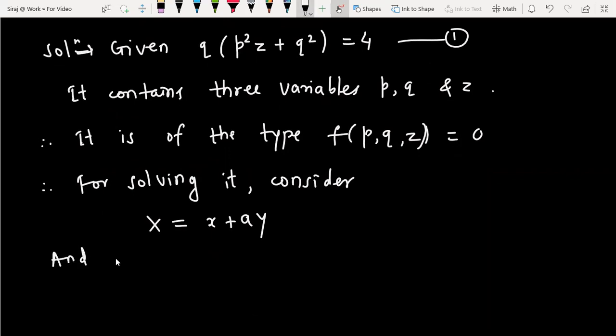So small p will be replaced by dz by dX, and small q will be replaced by a into dz by dX. Okay. So apply this substitution to equation number 1.